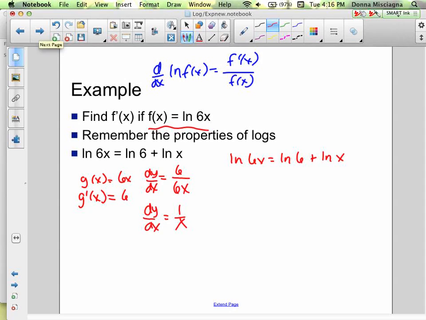Let's see what happens if I use the product rule for logs here. So the log of a product is the same as the sum of the logs. All right, so we've broken it apart, and now what if we took the derivative? So dy/dx equals, natural log of 6 is a constant, and we know that the derivative of a constant is 0.